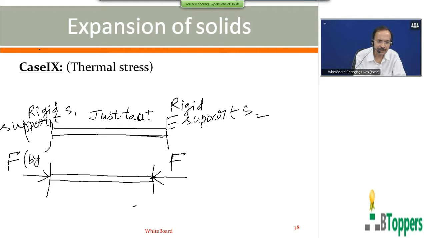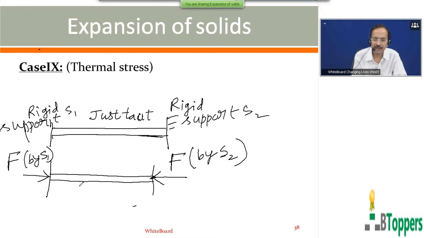This F on the left side is the compressive force exerted by support S1 on the rod. This F on the right hand side represents the magnitude of the compressive force exerted by the second support S2 on the rod towards left side.